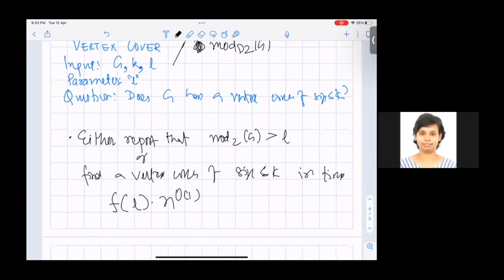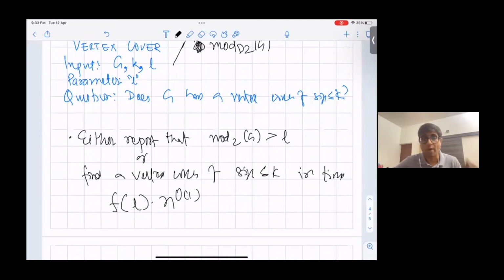Say, for example, you put L equal to 1. And your vertex cover is unbounded. You expect me to answer that question in polynomial time then, right?